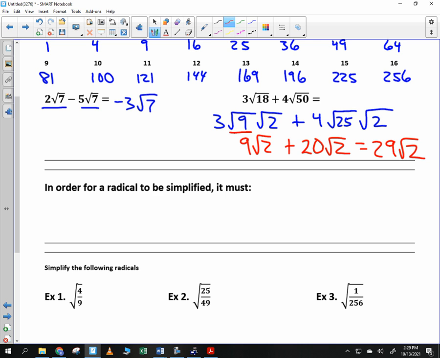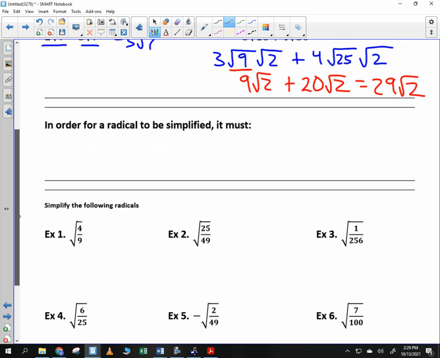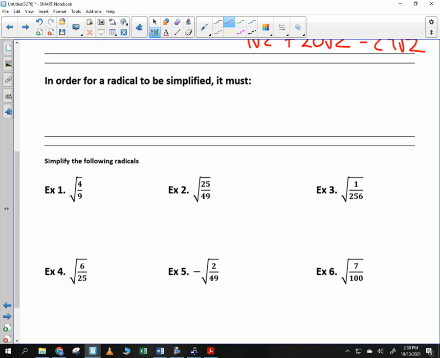So there's a little bit of a review from what we've covered so far. Today we want to simplify radicals using operations of multiplication and division.